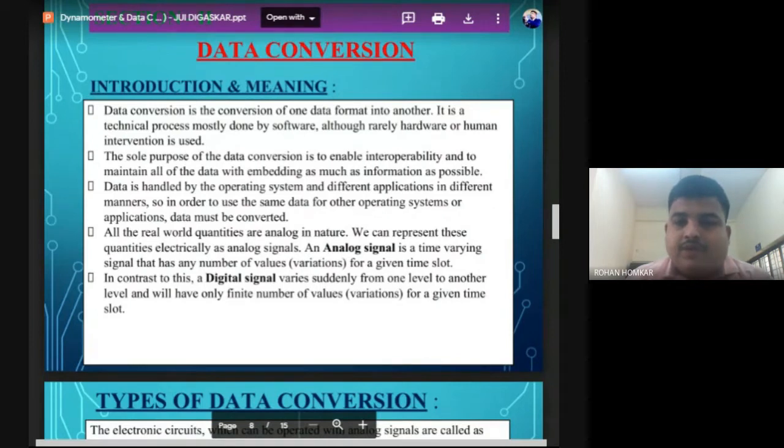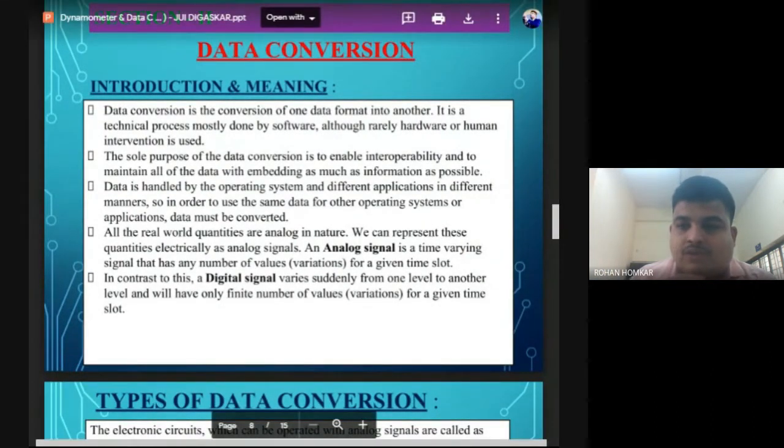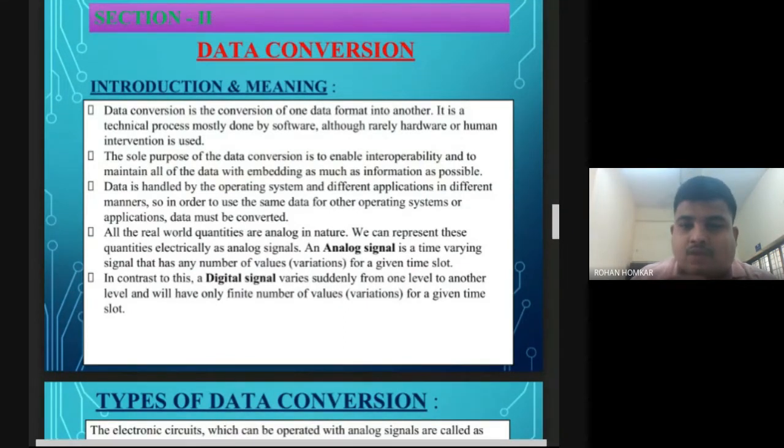Now this particular data conversion is basically enabling us interoperability. Now what do you mean by that? Interoperability. If someone is creating or generating that data, then we are able to save that data, maintain a record, and maintain all the data with the information as per the storage point of view.